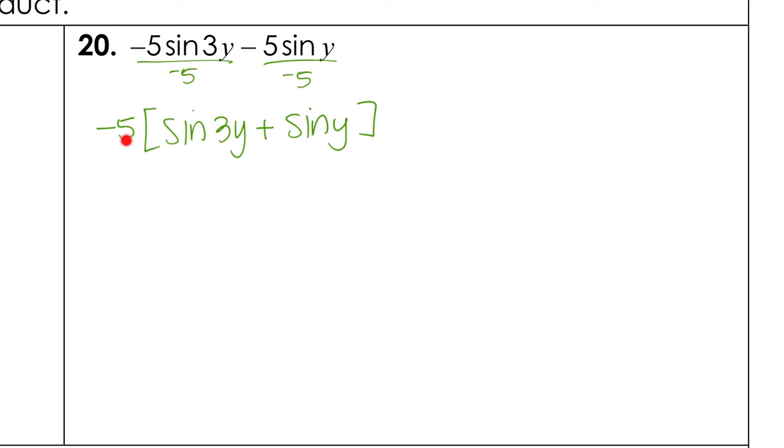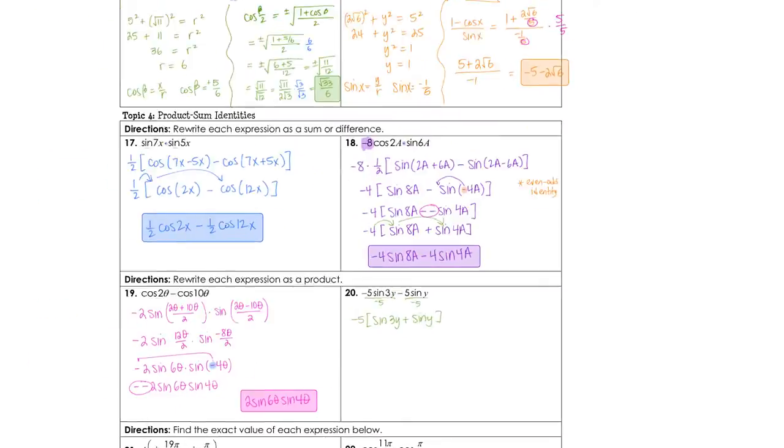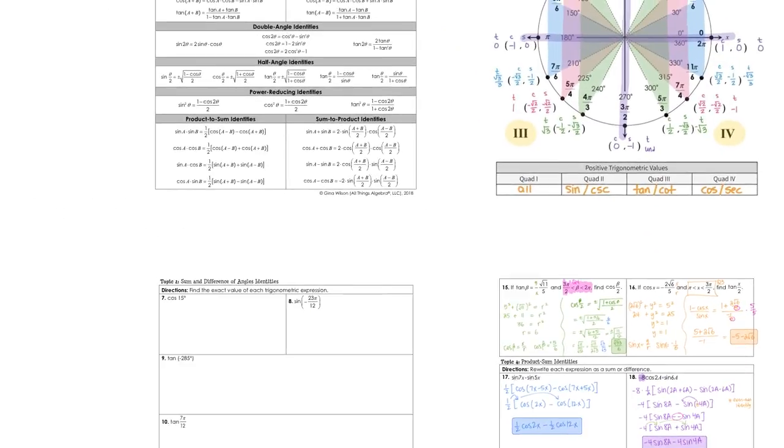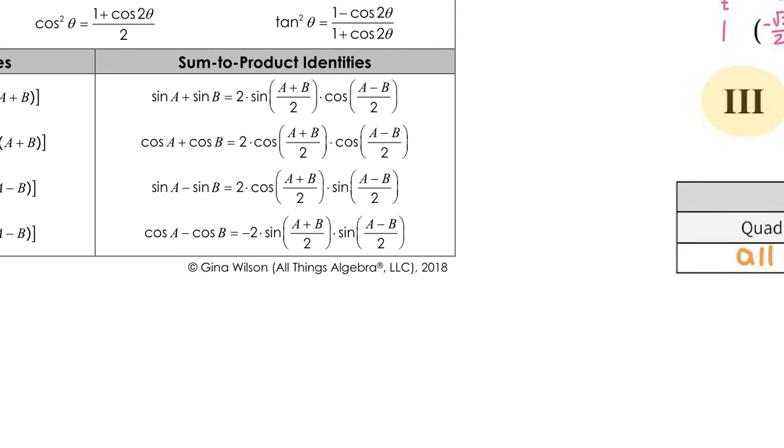When I divide by -5, negative divided by negative makes this positive. Okay, so I have sine plus sine. I'm going to look at my identities to see what I'm supposed to do here. And when you have sine plus sine, that's this first one, it's 2 sine adding the angles and then cosine subtracting.